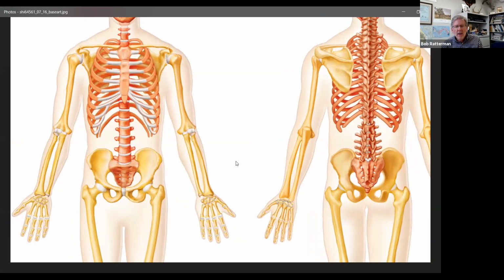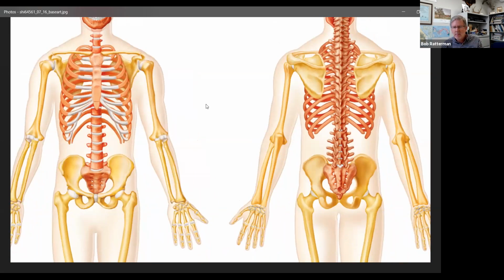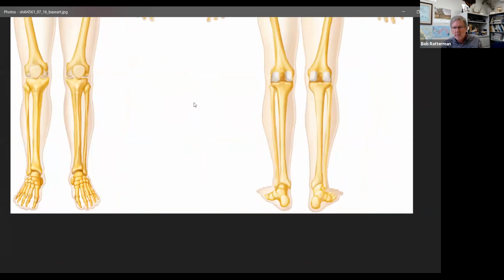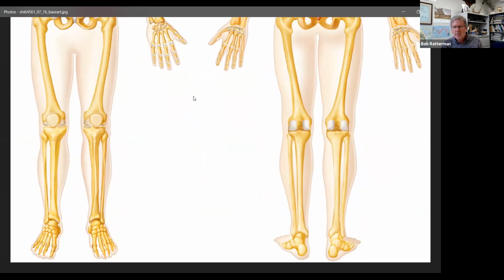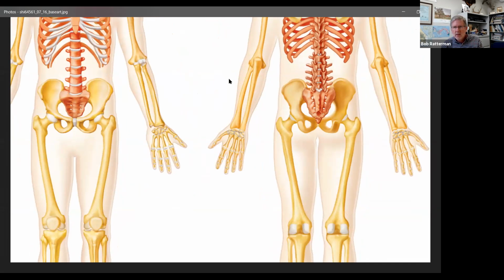And so those are the major bones of the skeleton. See, it's not too bad. Just learning the basic bones. Was that helpful, Jolene? Yes, thank you. Any questions on those bones?